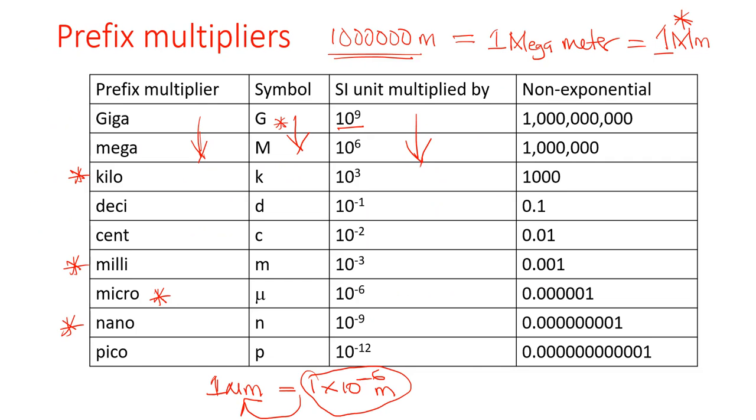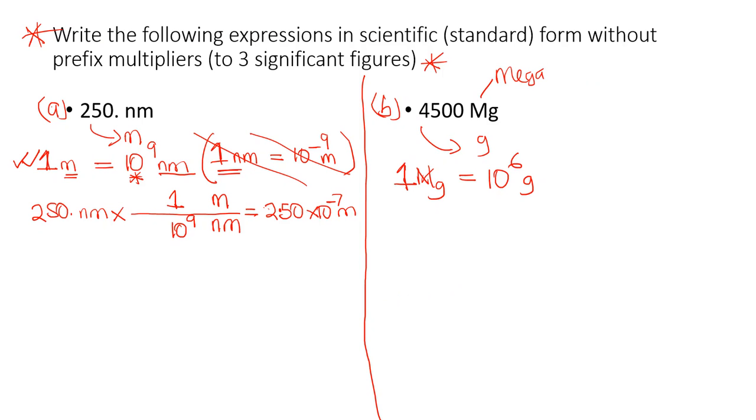If we go back here, the mega is here. So 1 megagram is equal to 10 to the 6 grams. Following that, then I'll write this value.